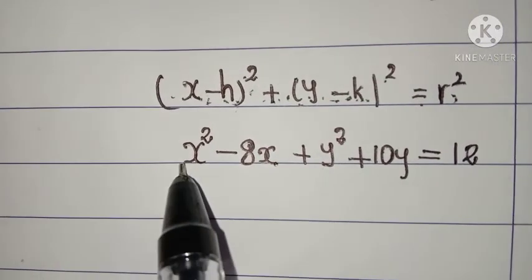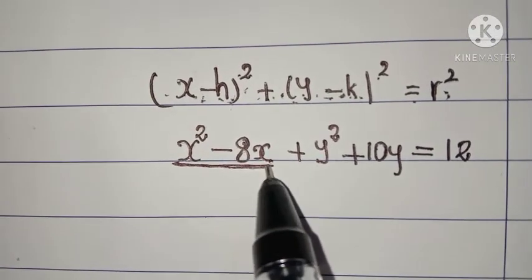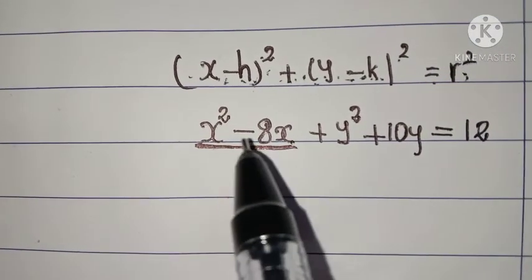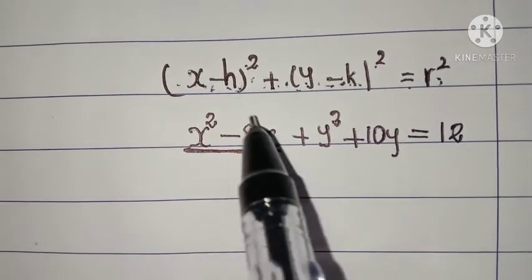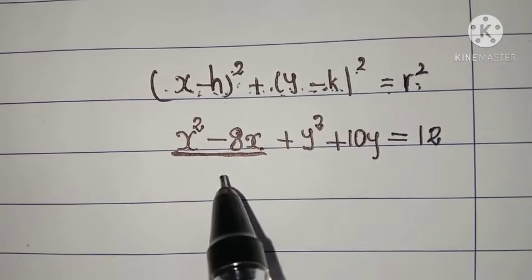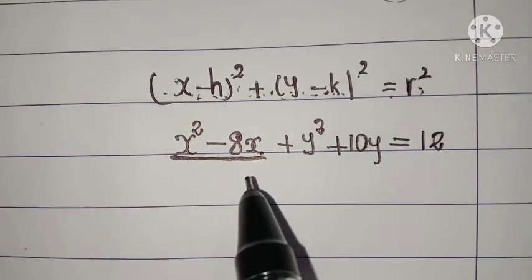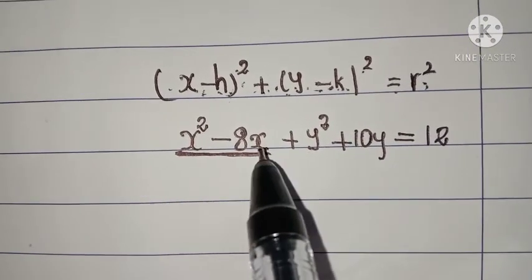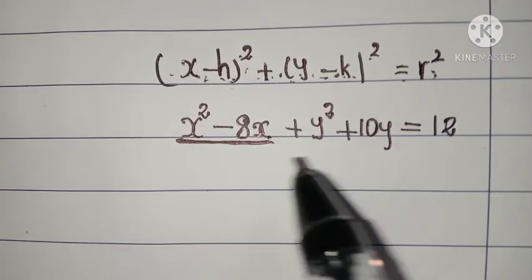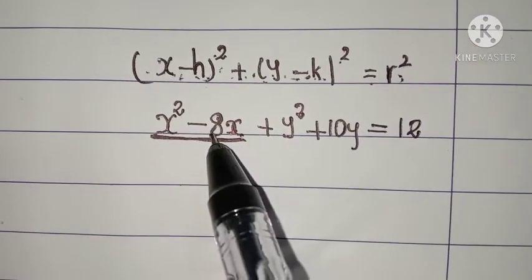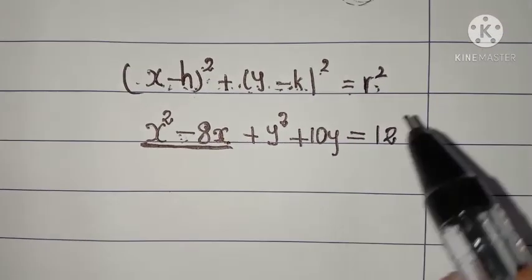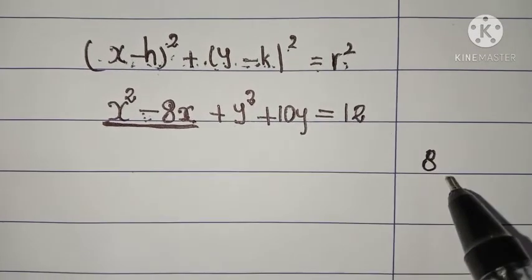Okay. Now consider this term only, x square minus 8x. See, in class 10 we already studied how to convert a given expression into a perfect square form. That means the completing the square method, isn't it? So recall the completing the square method. The method is that, listen, take the coefficient of x. No need to consider the sign, if it is plus or minus, no problem. Take the coefficient number only. Coefficient is 8.